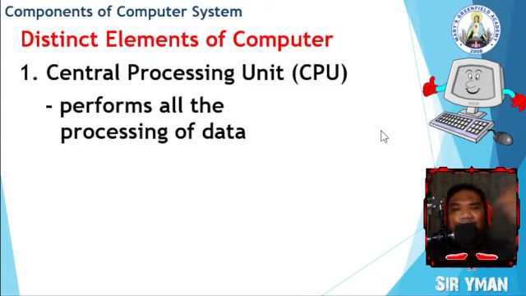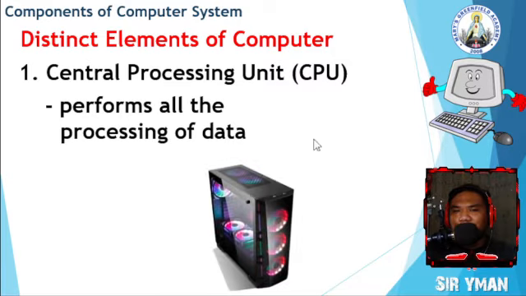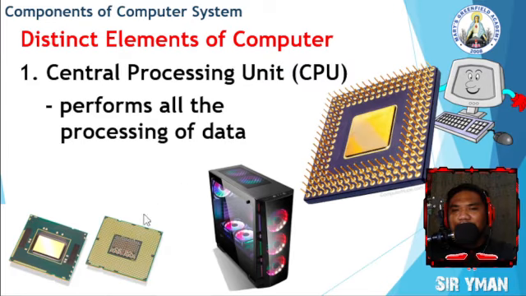This is the main brain of the computer. This is the system unit, and inside it is the CPU. This is what the CPU looks like. This is its underside. As you can see, it has many pins, many legs. That is the central processing unit.